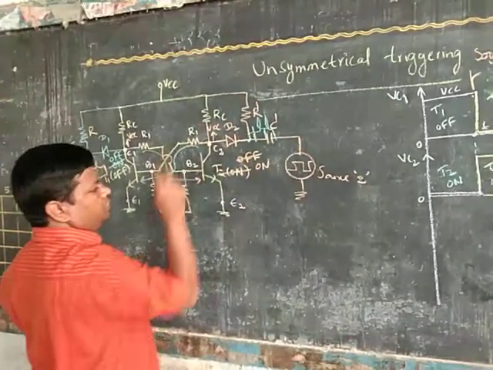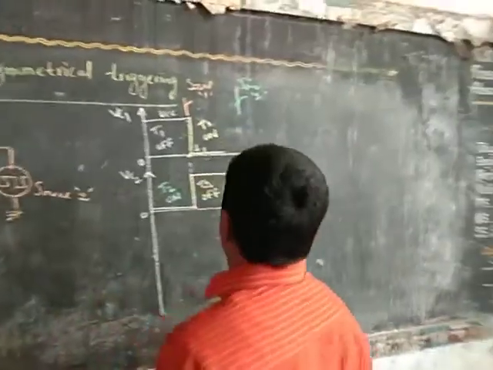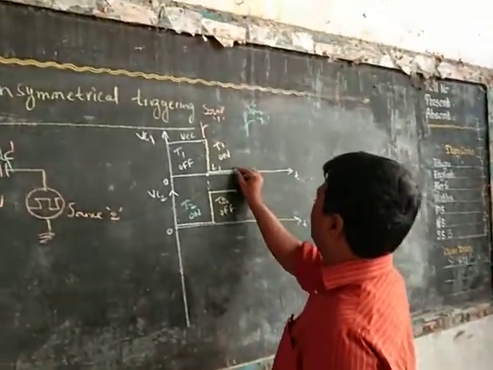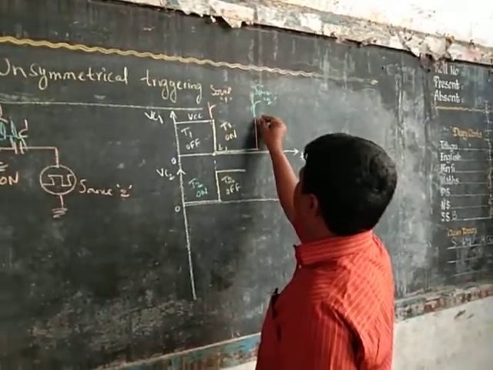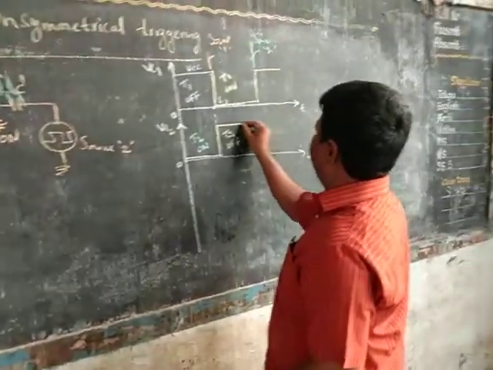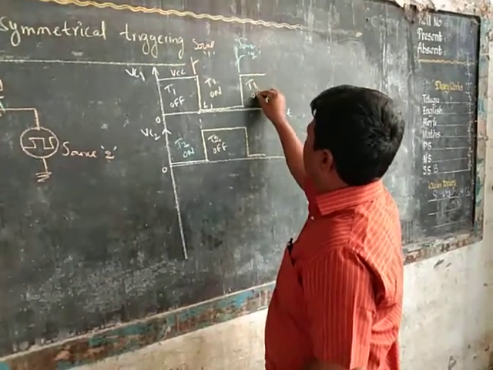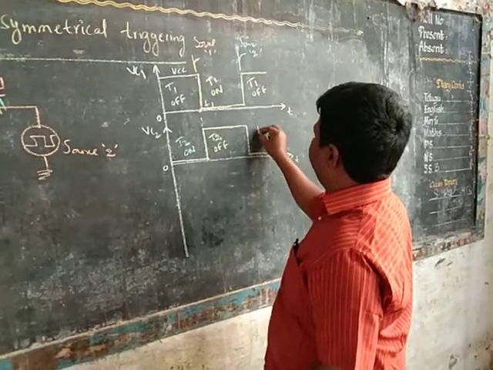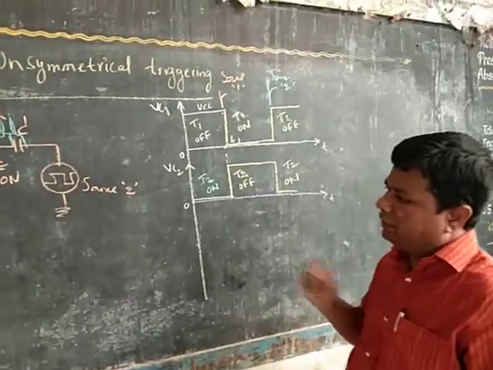T2 enters into on. Again these two are new stable states. Now T1 off, T2 on. This procedure repeats.